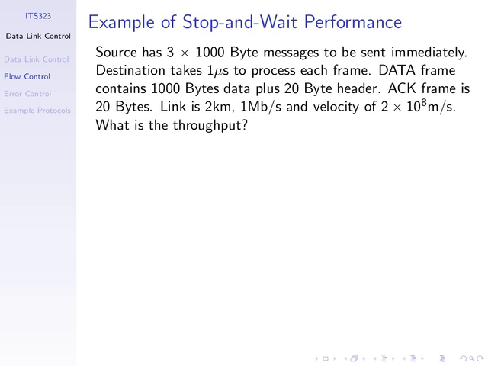The second bit, the third bit, and the last bit propagates. We'll just draw that. And in this case, the link is the same distance in both directions, and therefore we have the same propagation delay in both directions. Another 10 microseconds to get back.